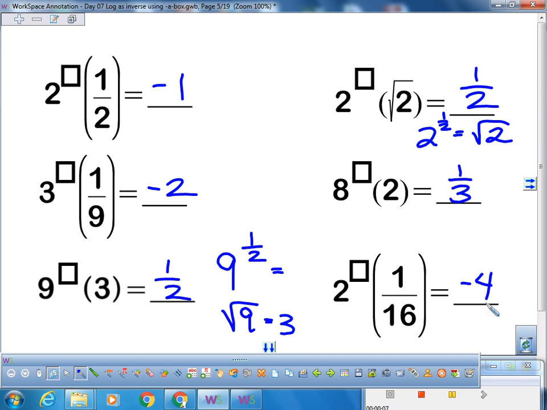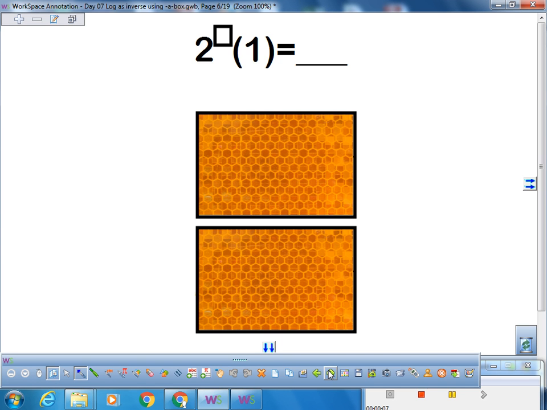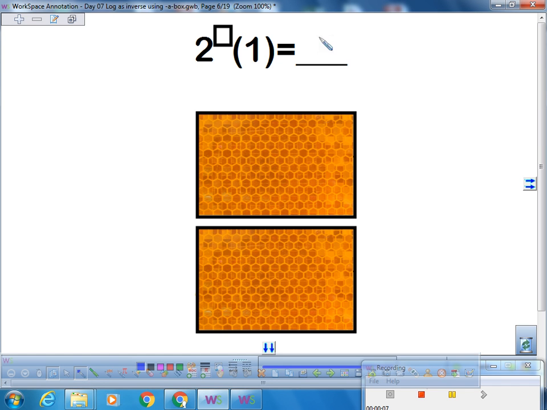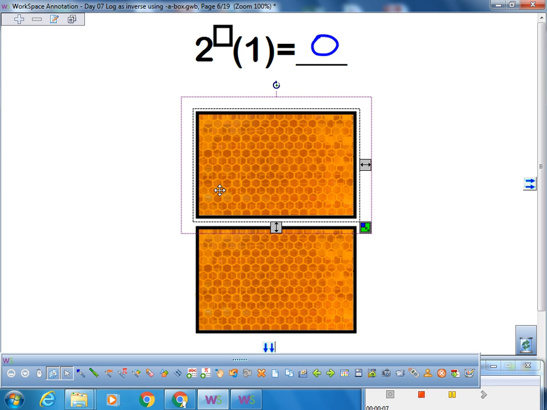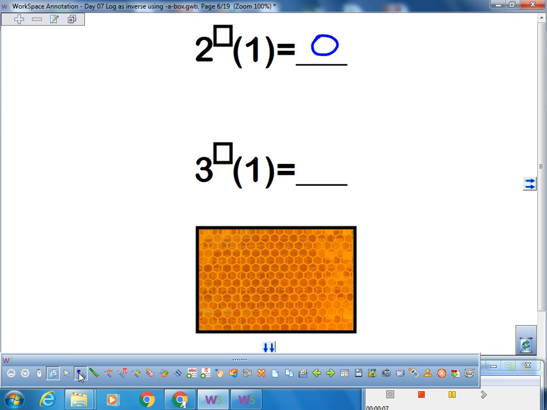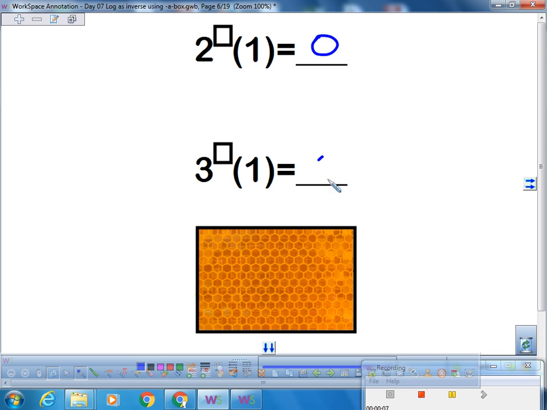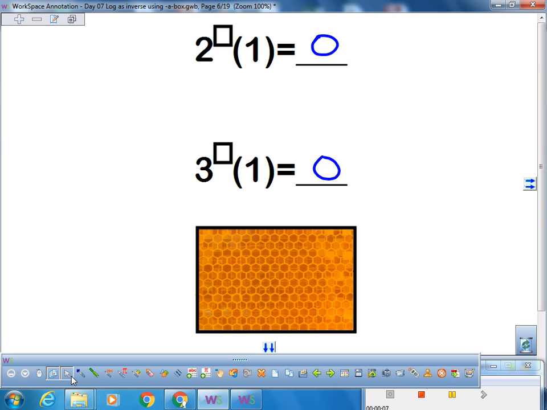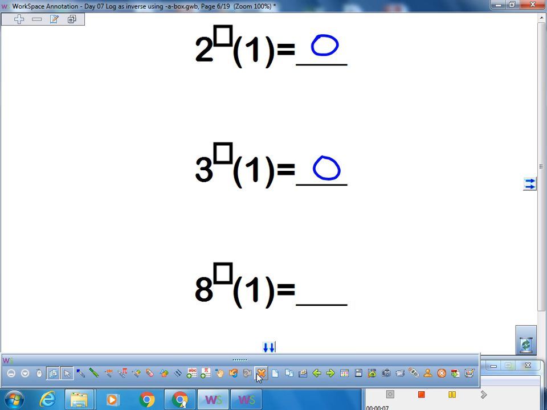Okay, we ready? Okay, that was a little bit more challenging. So what about this one? 2 to the anything to the 0 is 1, right? So are you noticing something here?